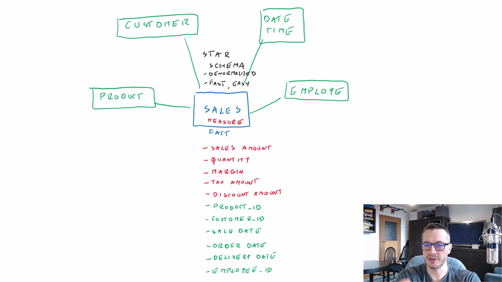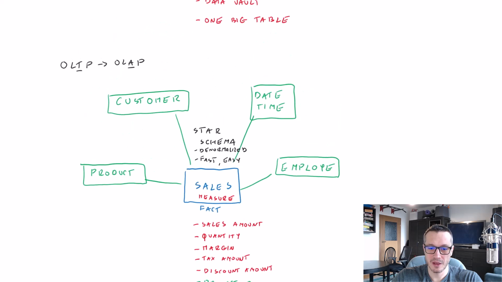Here you can see those various sales amount, quantity, and so on, that you can slice and dice across those various dimensions like customer, product, employee, date, and that's it. And within a few minutes, your end user should be able to understand how it works and how to use it. So that's a huge advantage of using this dimensional modeling. That's why it is so widely used.